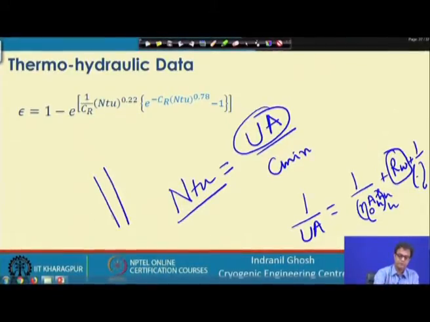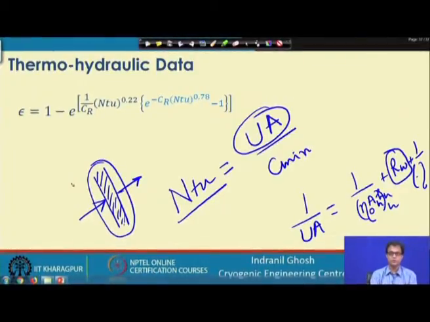If it is a separating plate, heat is trying to flow from here to here. Because of the finite thickness of this wall, this will also give rise to some resistance to the flow of heat, and we have to take that into account here.